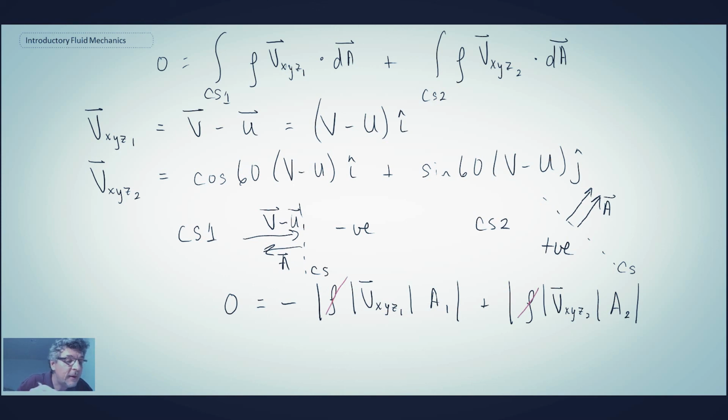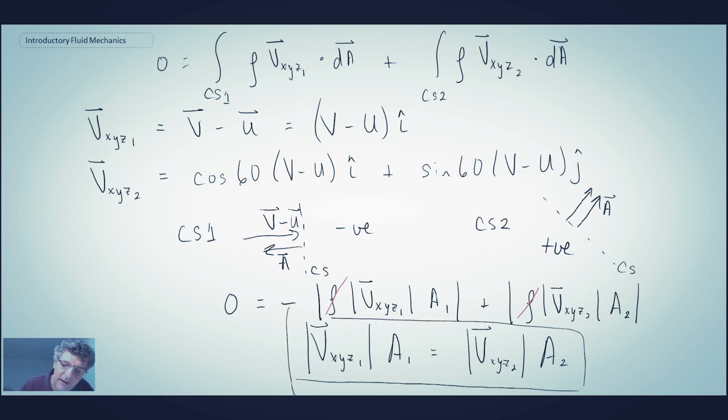We don't know anything about area 2, so I'll just leave that as area 2. We get the magnitude of velocity at control surface 1 times area 1 is equal to the magnitude of velocity at control surface 2 times area 2. So that's what continuity gives us. We're going to park that and then move on to take a look at the linear momentum equation in the next segment.